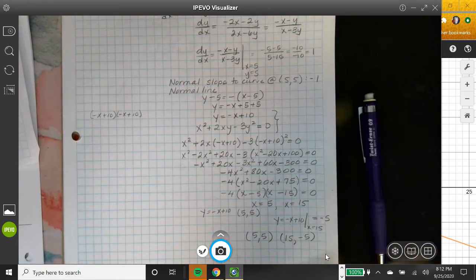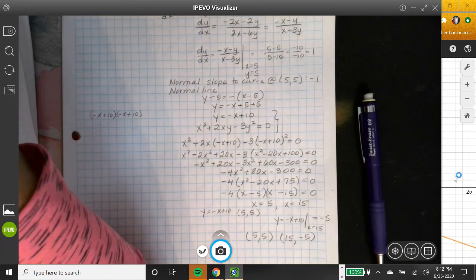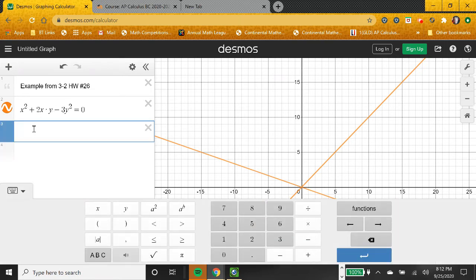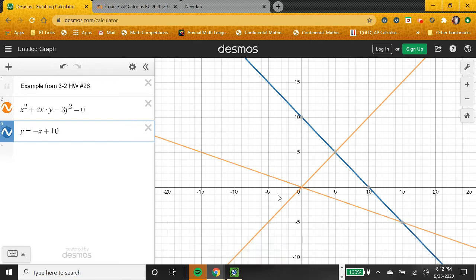15, negative 5. Now I took the liberty of graphing this function or this relation here, and now I'm going to prove to you here that this is normal. Let's type the normal line. Y equals negative x plus 10, right? Get rid of this here. But negative x plus 10.